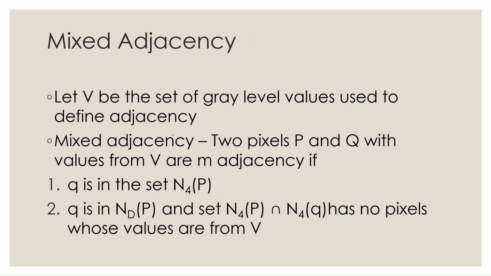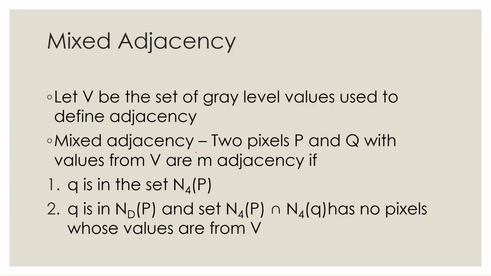Now let us understand the next case, which is called mixed adjacency, or we can call it M adjacency. So here also we have to take the set V to represent the gray values used to define the adjacency. The mixed adjacency is defined with 2 conditions. Whenever we have the 2 pixels P and Q, the values from V are M adjacent if it satisfies the 2 conditions.